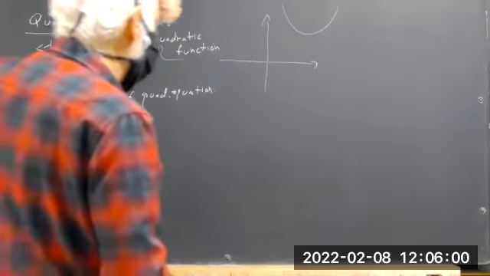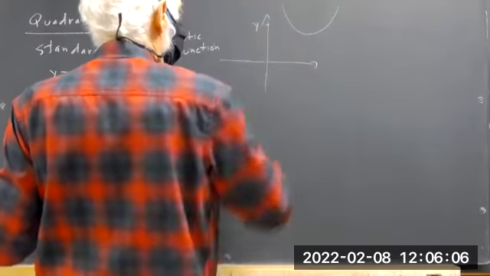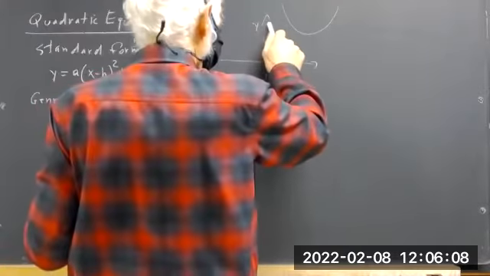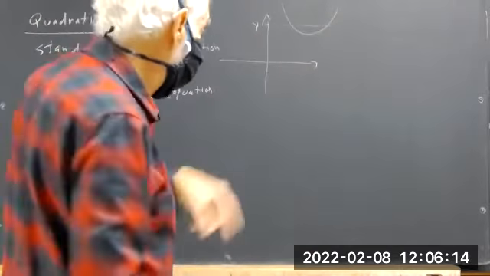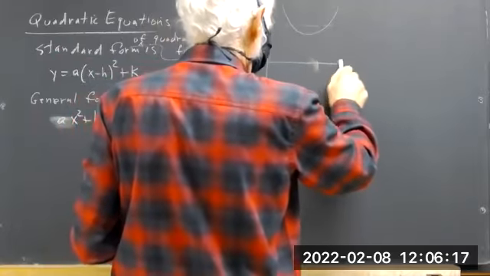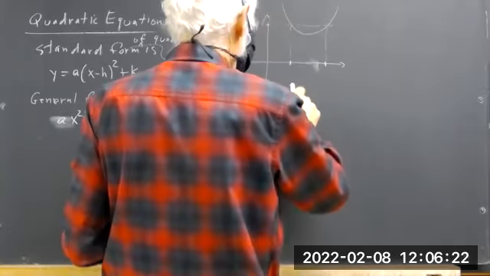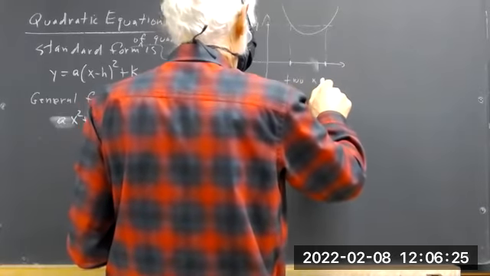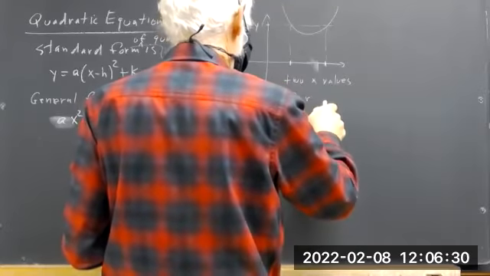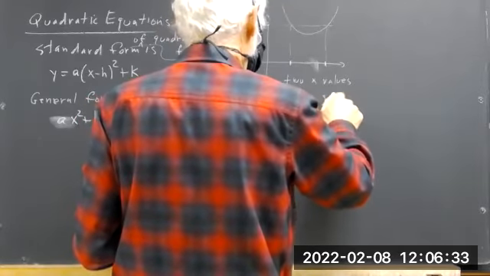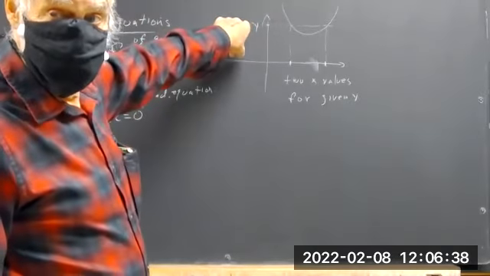If I want this equation to have a y value, there are 2 points, the 2 x values that correspond for this given y. There are 2 x values, right?